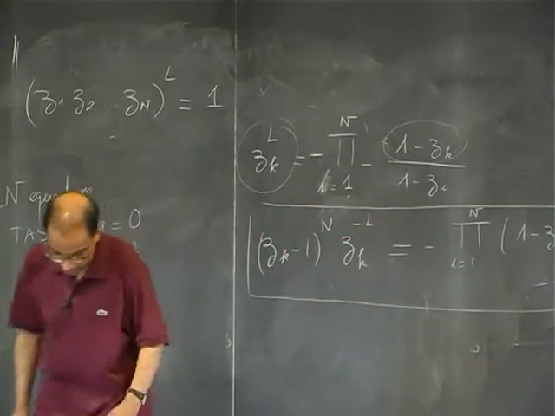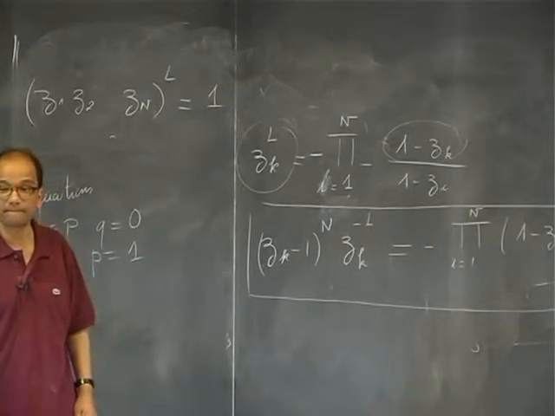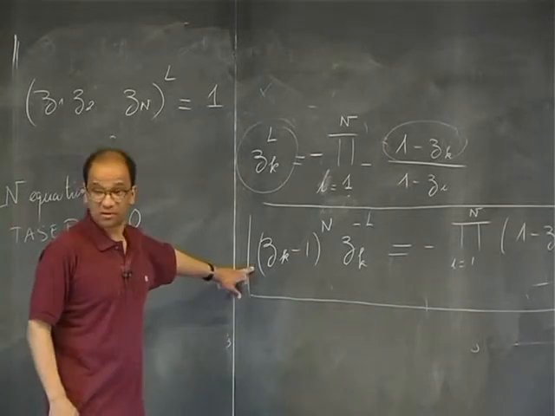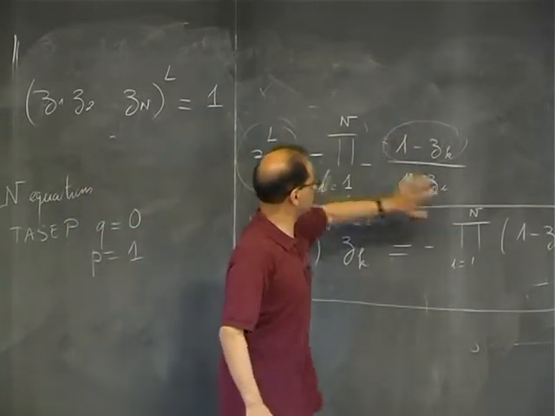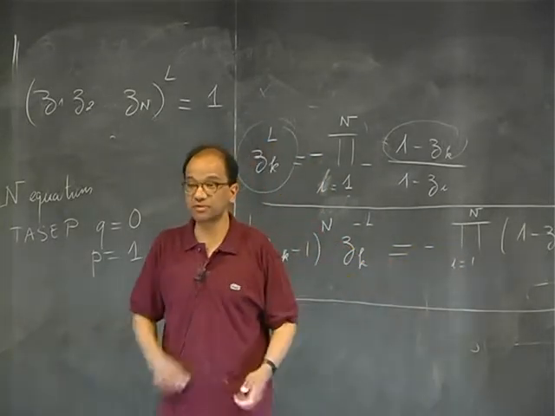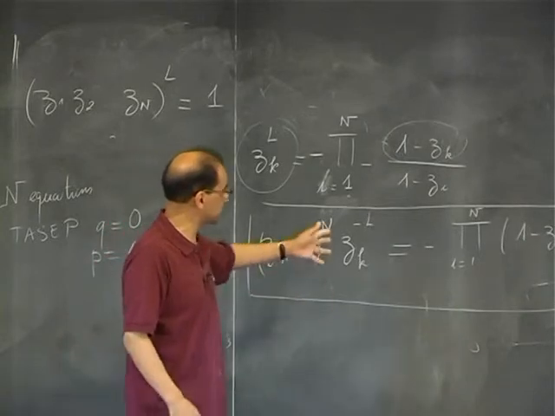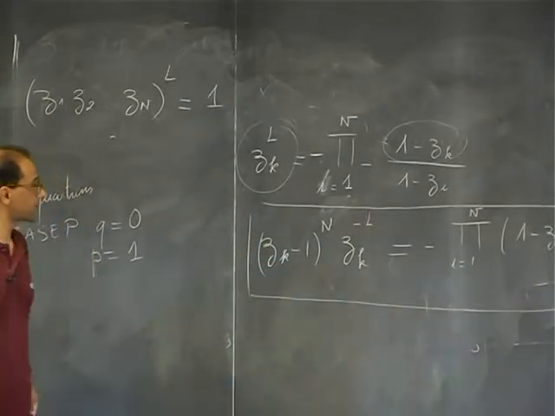This one? I'm just manipulating this one. I'm just putting this thing here, putting this thing here, mixing. It's trivial. Maybe I made a mistake in a sign, but I don't think so. So what do you see here?